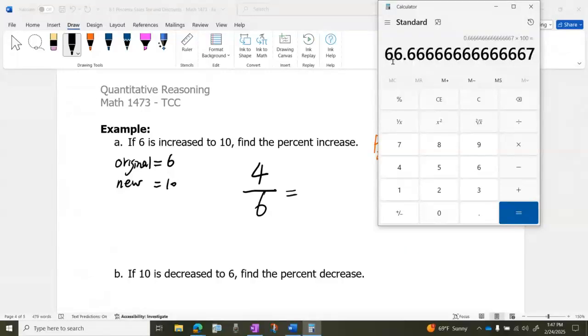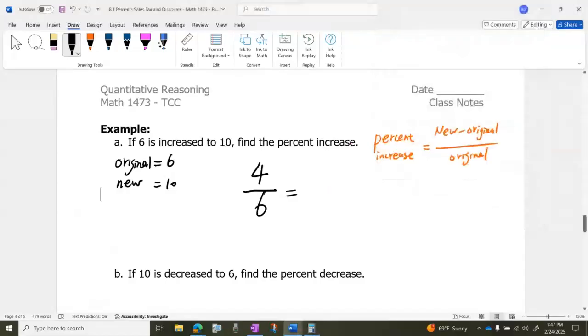I'm going to round it to the nearest integer, so 67%. Not exactly, so approximately equal to. And the 67% is the percent increase.